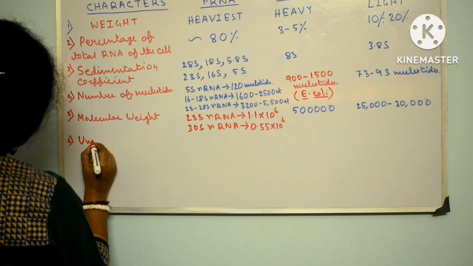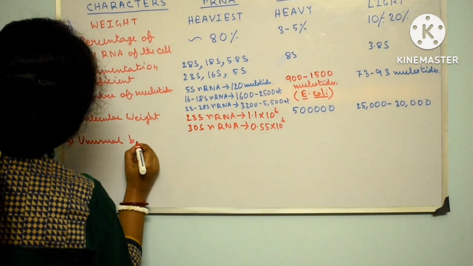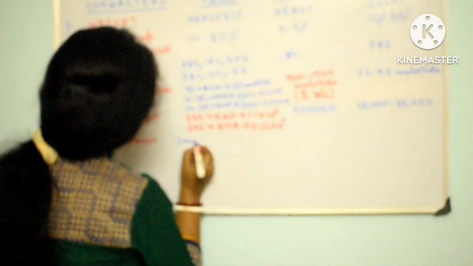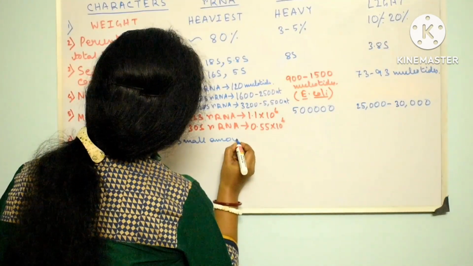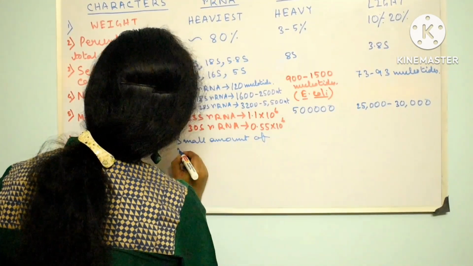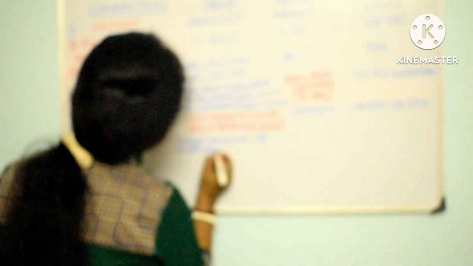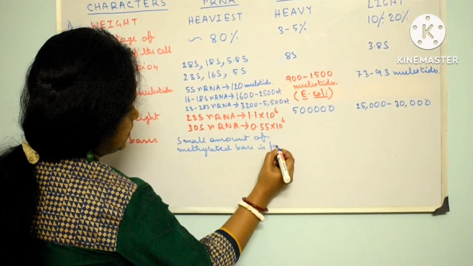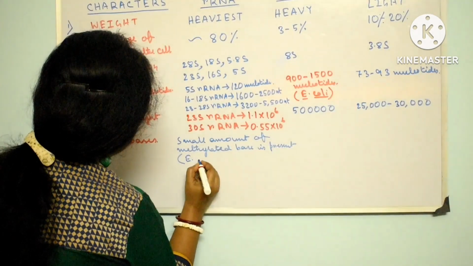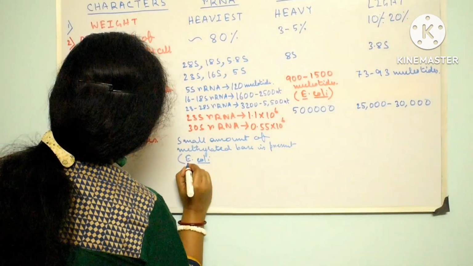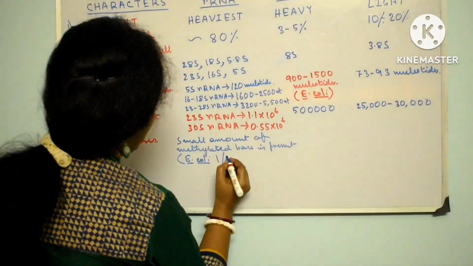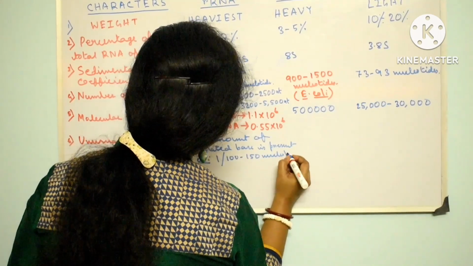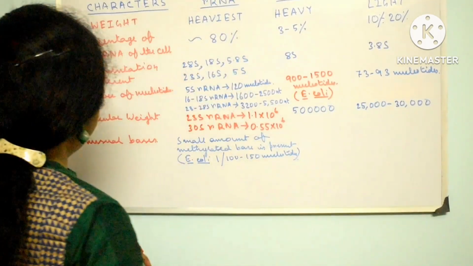Next, usual and unusual bases. In case of rRNA, a small amount of methylated base is present. In E. coli, it is 1 part in 100 to 150 nucleotides.